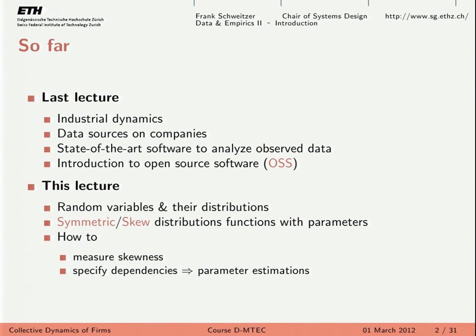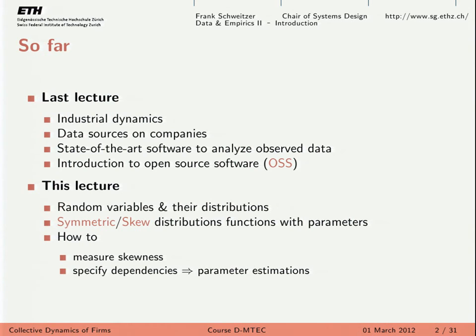We will talk today about random variables and their distributions. In case you took a course in computational statistics already, there is not much new for you. But for all those who are average MTech students, we found it useful to recapture some of the basics here.